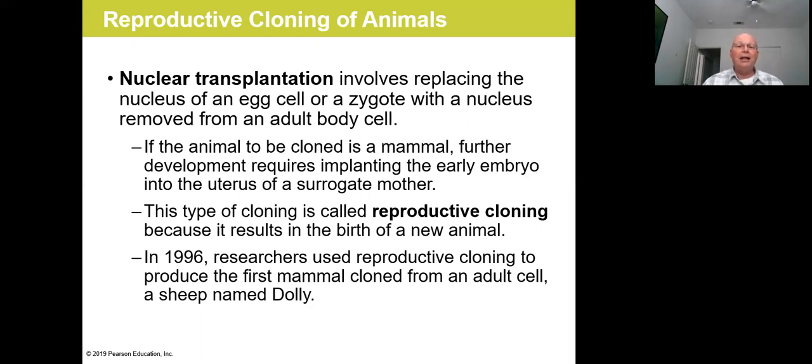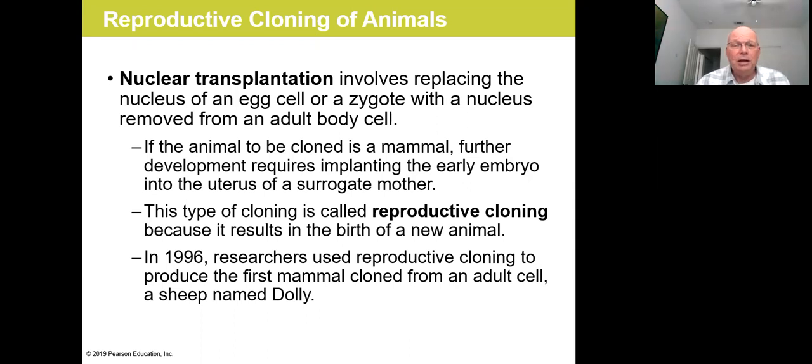So when the egg cell is then activated to divide, it simply undergoes mitosis and starts producing cells. But these cells coming from an egg cell retain the ability to then become all of the different types of cells in the organism that the embryo is going to develop into.